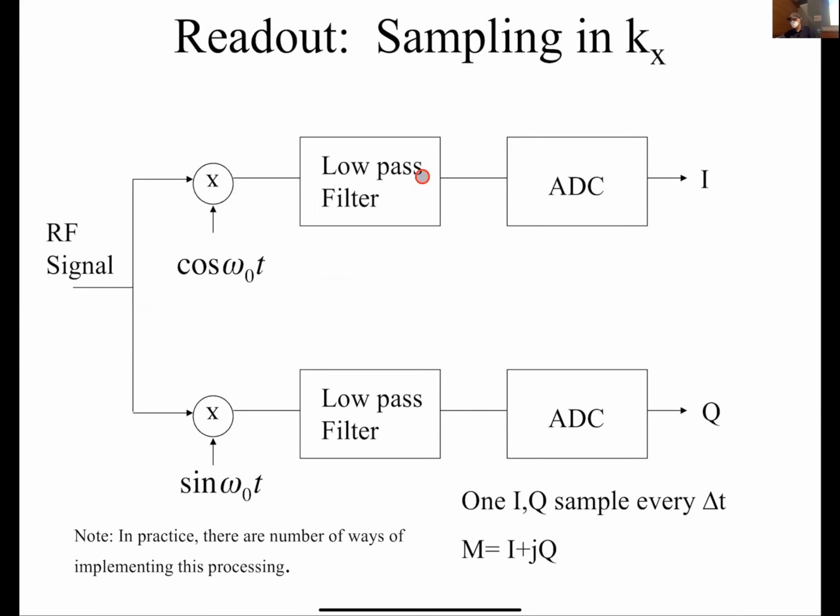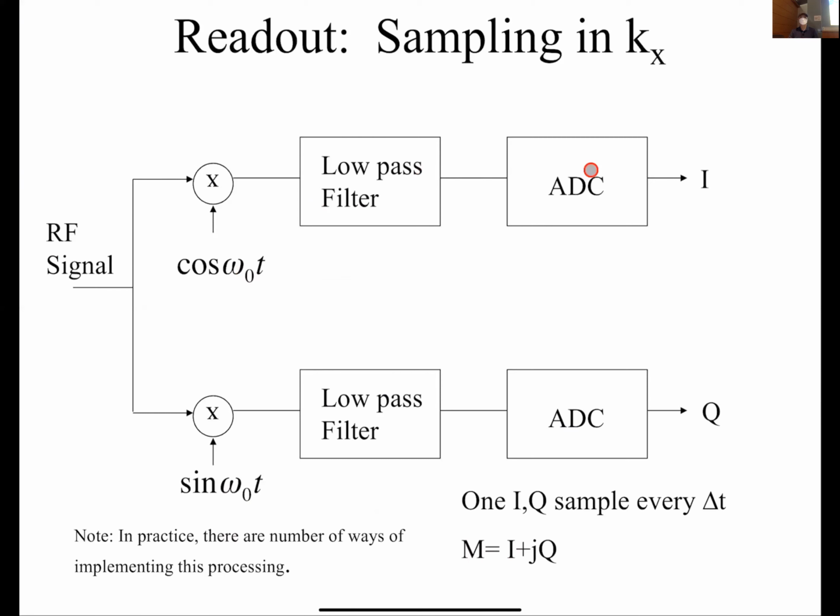We can apply some low pass filtering, and then this ADC stands for analog to digital converter, which is basically, every one of you has one in your pocket right now in your phone. That didn't used to be the case. Most people did not have their own personal analog to digital converter, say 20 years ago, but now everyone has one, because every time you do anything in your phone, it's taking analog input and converting to digital so it can beam into the web.